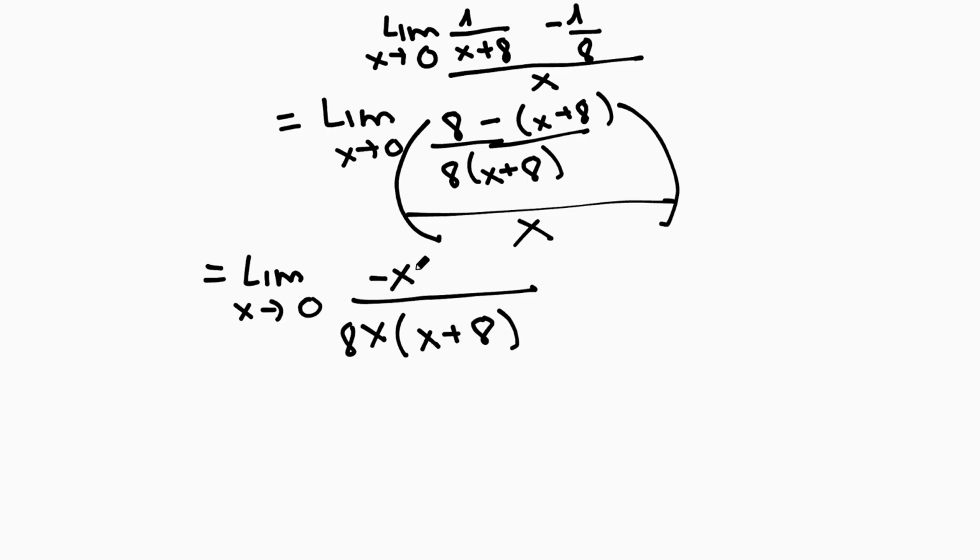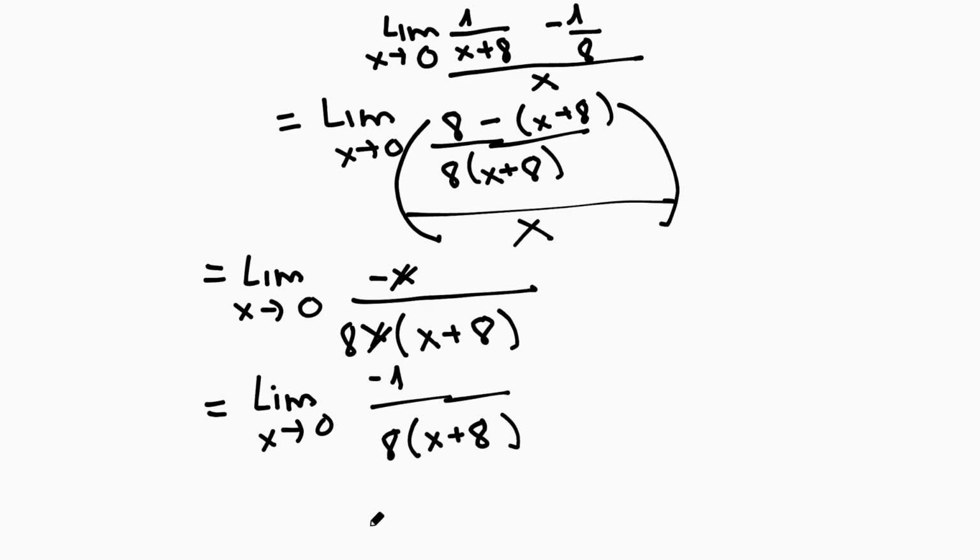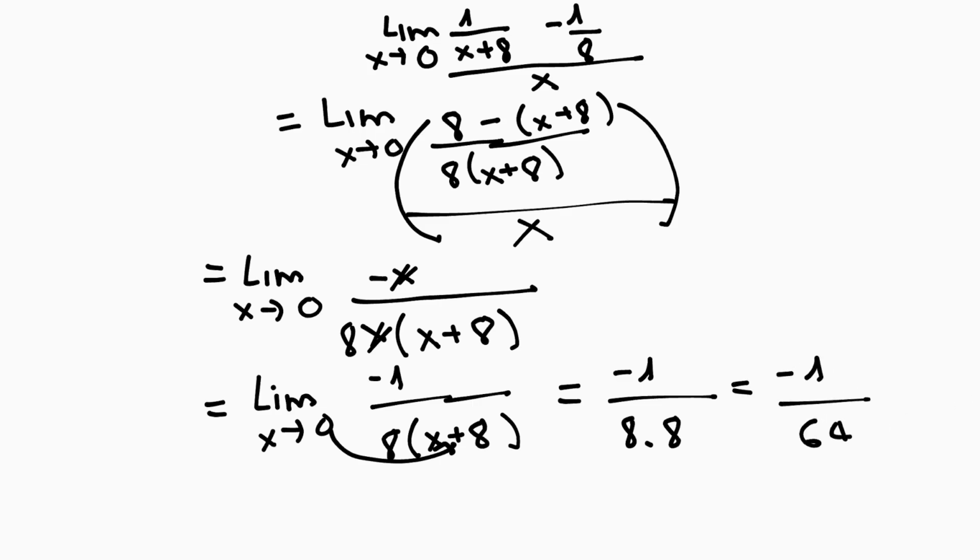And then the x's cancel each other out, and I have negative 1 over 8 times x plus 8. Now it is easy enough because when I substitute 0 into the function, I will have negative 1 over 8 times 8, which is negative 1 over 64.